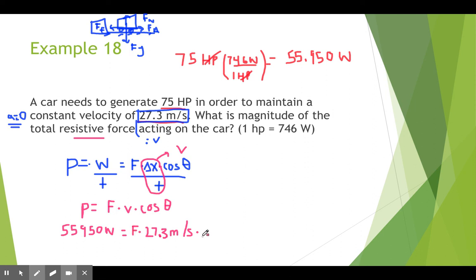Okay, which just means that this force is going to be negative. So I divide both sides by 27.3 meters per second. Watts over meters per second, we're going to get newtons. And our force is 2,049 newtons.